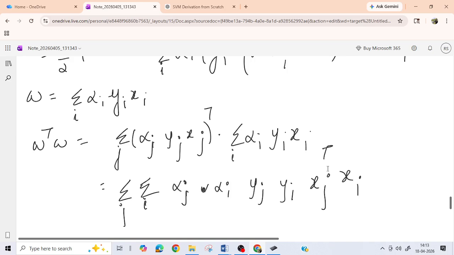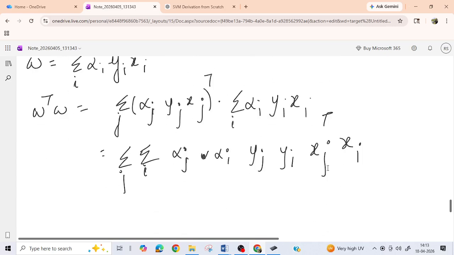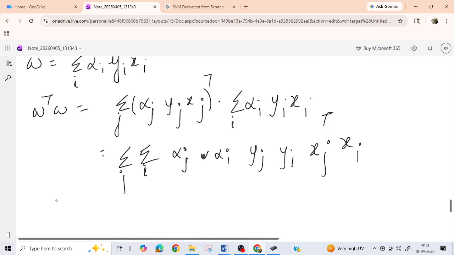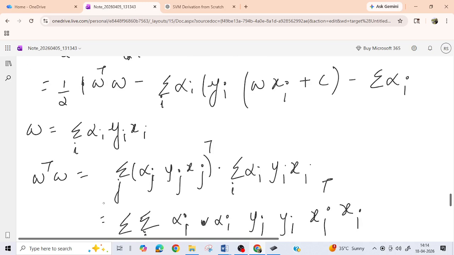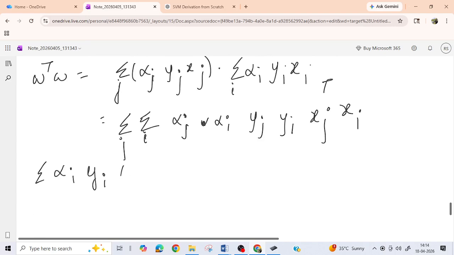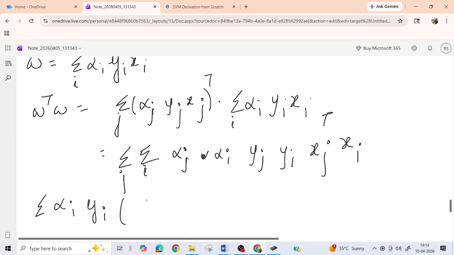So this is W transpose W, and then we also have this alpha I yi. So let's write the summation of alpha I, and then we have yi, and then we have W xi. Because we already have xi over here, let's write W as the summation over j of alpha j yj xj.